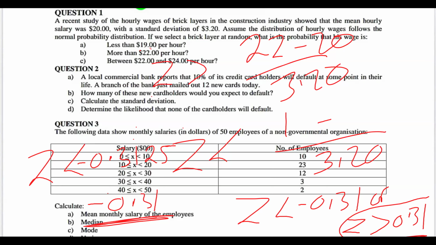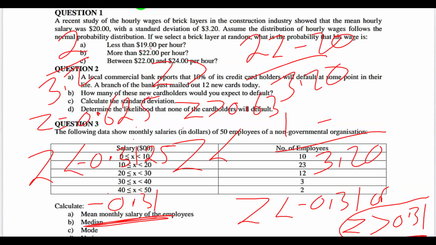This one will give us 0.625. So we can say Z is greater than 0.63, correct? Yes. Keep these figures, we need them.